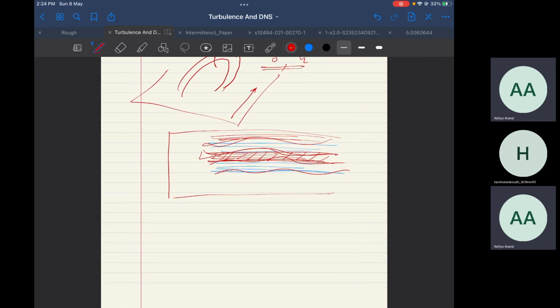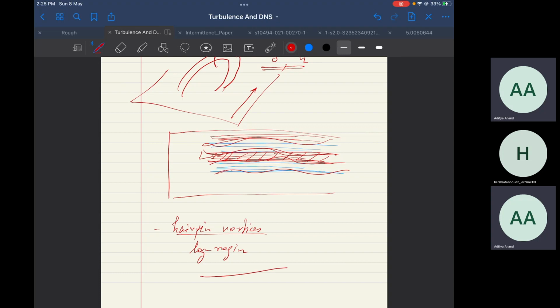The small scale structures are in the shape of hairpin vortices. They are present mostly in the log region of the flow. Hairpin vortices are, again, shaped like hairpins.